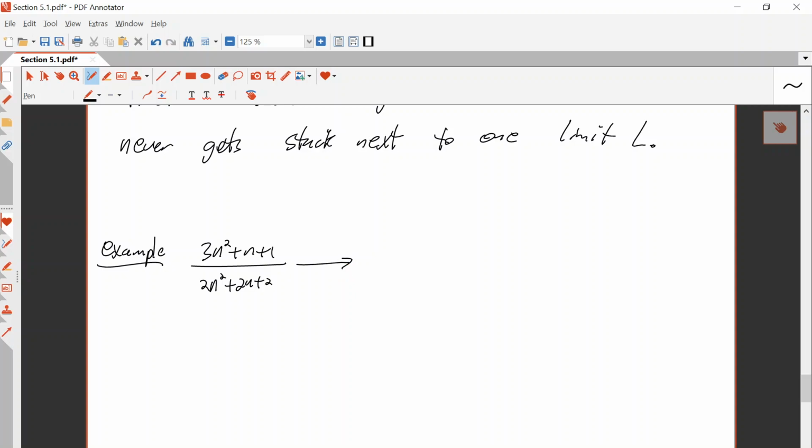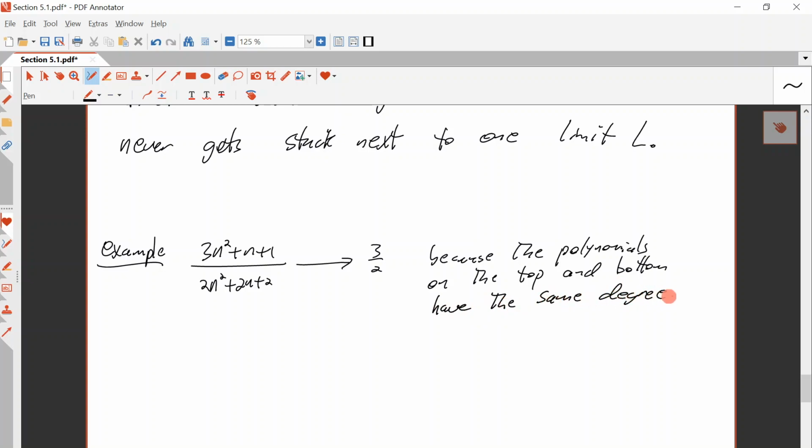As n goes to infinity. Because these are both quadratic polynomials, right, it converges to 3/2. The top and bottom have the same degree.